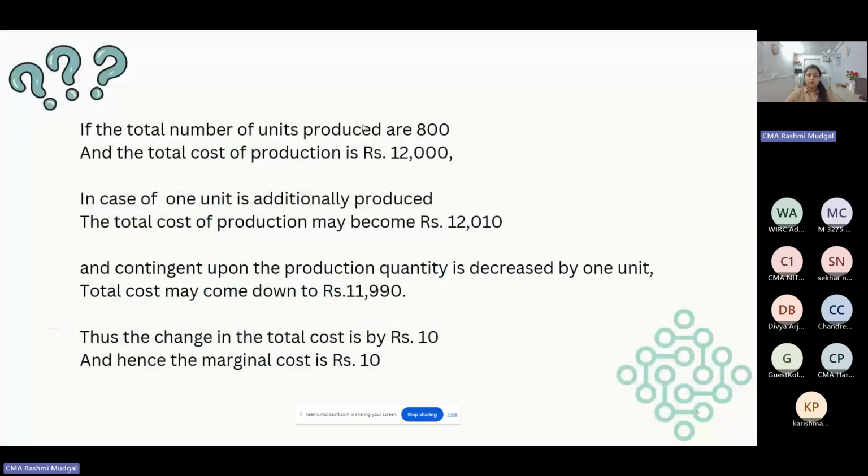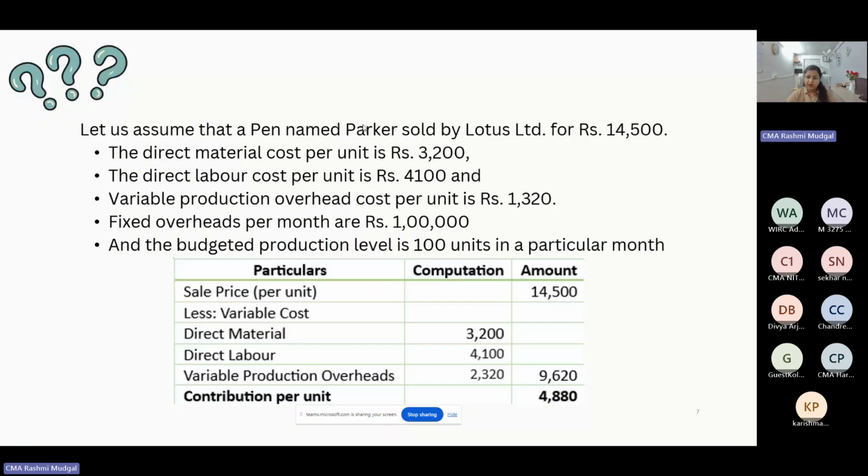Okay, now I'm going further, for a better presentation and better idea, with a slightly bigger example. Let us assume that a pen named Parker is sold by Lotus Limited for 14,500. One pen is sold at the rate of 14,500.